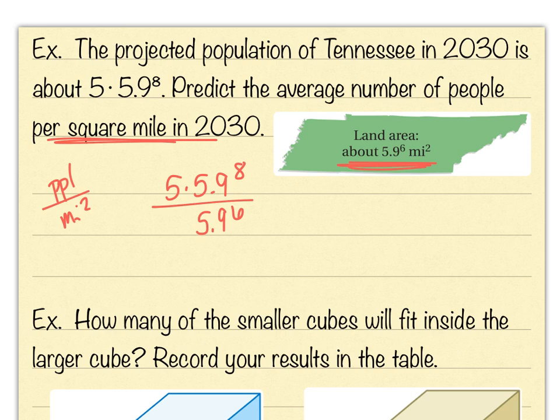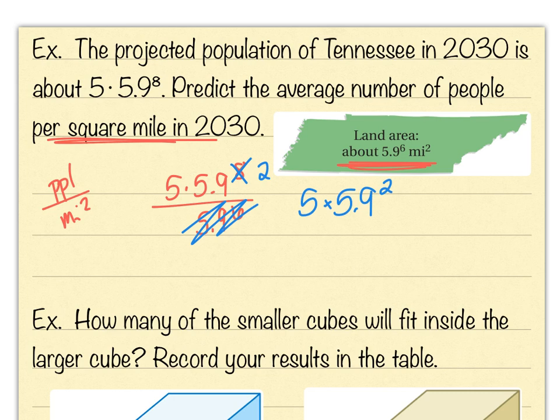So I could type this in my calculator, but this is going to save me a ton of time. 6 of these are going to cancel out with 6 of these, and 8 minus 6 is 2. So now I just have 5 times 5.9 to the 2nd power.